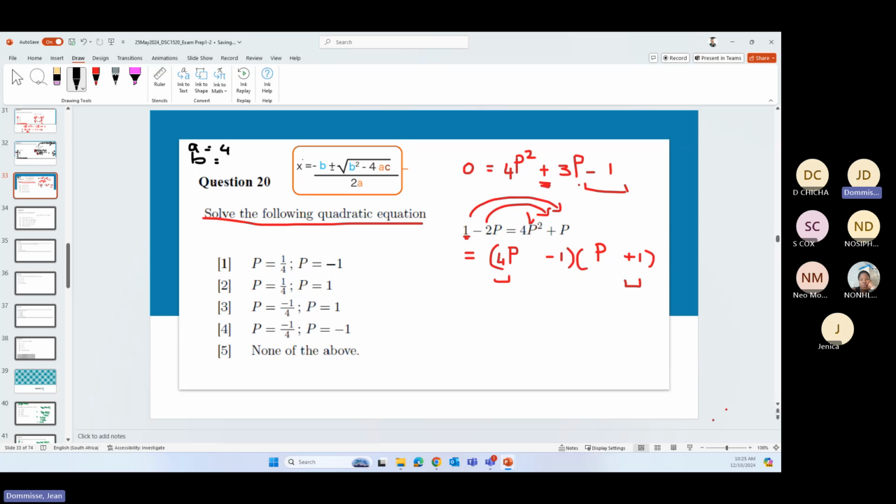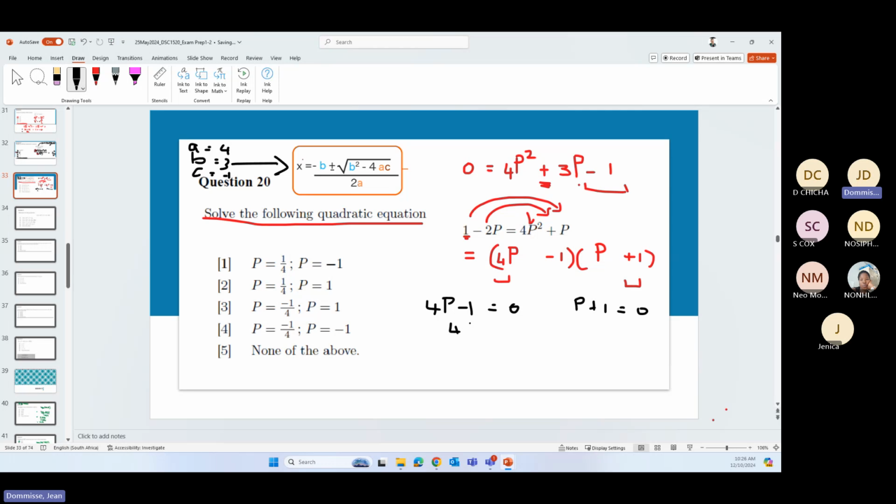B is 3, and C is -1. So then you could have added it in this formula to get your two answers. So then we say 4p minus 1 is equal to 0, or p plus 1 is equal to 0.